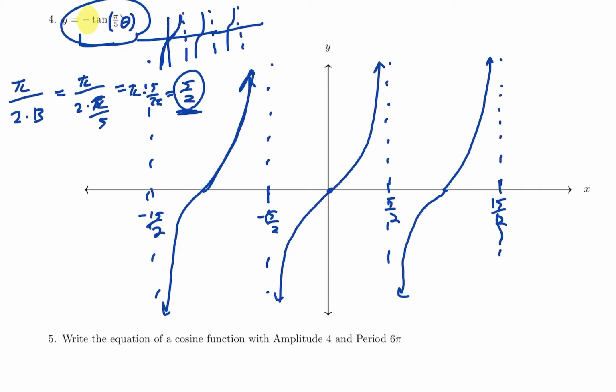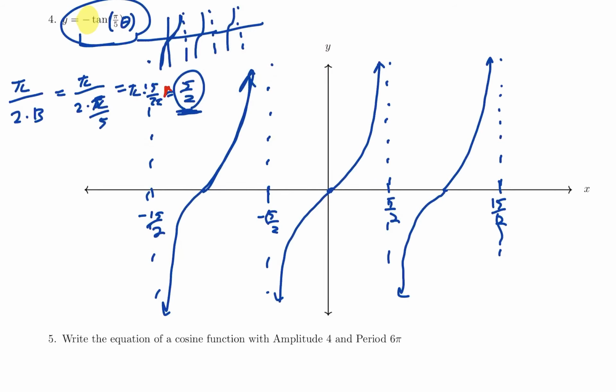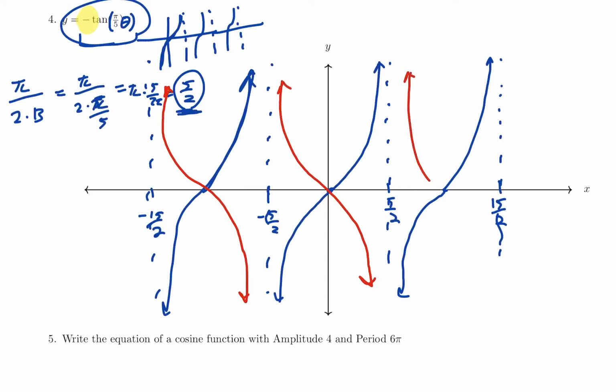That means we have to reflect over the x-axis. So like this. That's it. You don't need that many points to plot, but we start with the domain of the function. What values should we exclude?